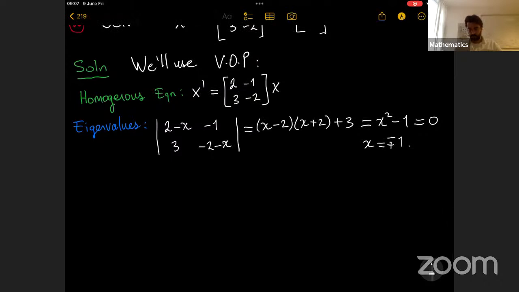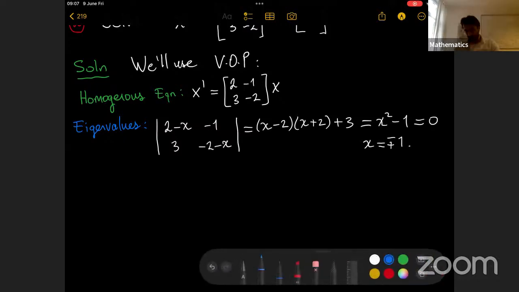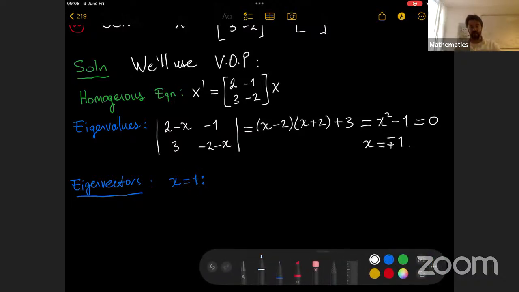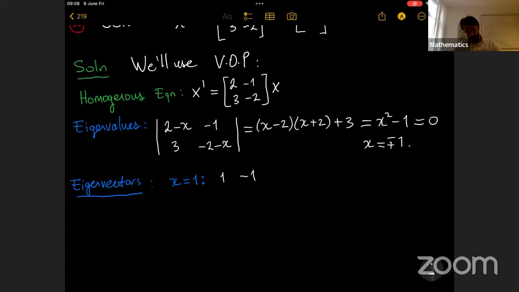Eigenvectors for lambda equal to 1 first. We solve this system, so you plug 1 for lambda, and it's going to be 1 minus 1, 3 minus 3, 0, 0.